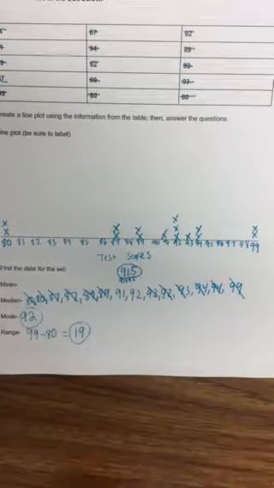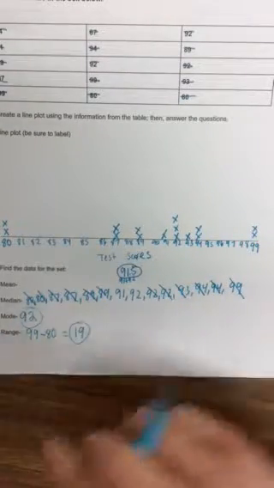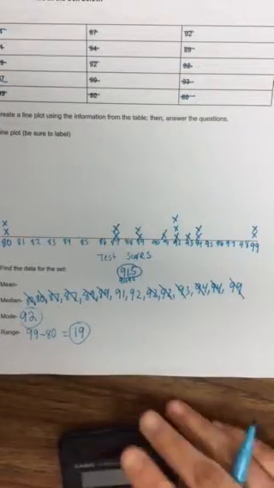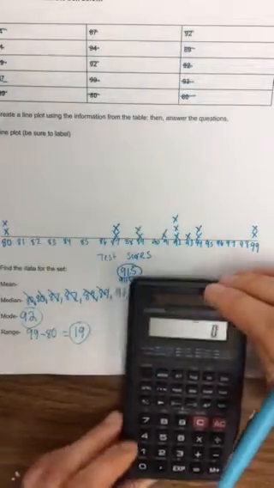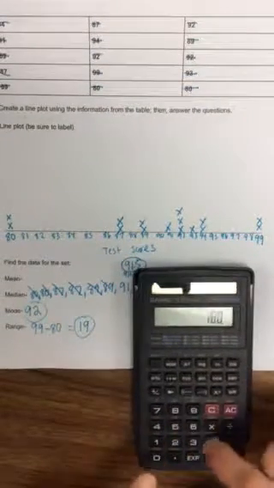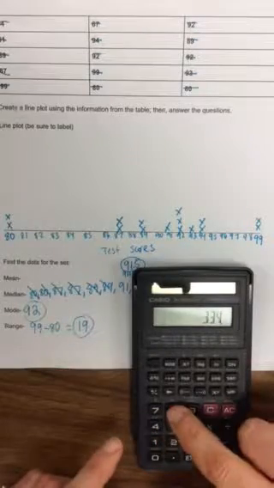For the mean, we take all of our numbers, same thing, the numbers that are listed here, and add them up and divide by the amount of numbers that there are. So we'll go ahead and do that on the calculator. It's always good to double check with somebody else after you have your total, because it's easy to misadd.